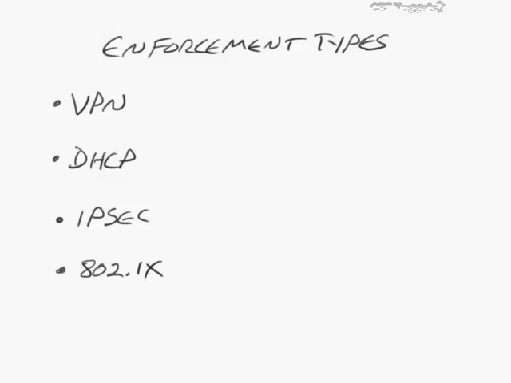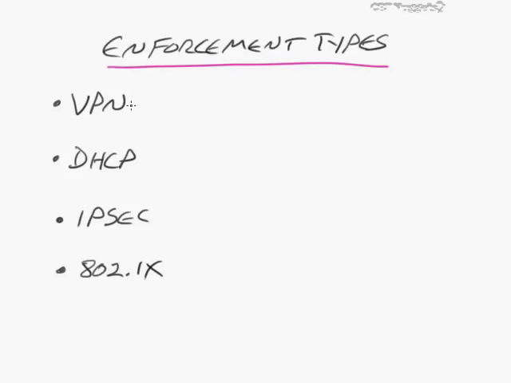Now, there's a lot of different enforcement types, too. What happens here is you have to determine what kind of network access you want to protect and what kind of network access the user will attempt to access. So there's a variety of enforcement types that will line up with that.